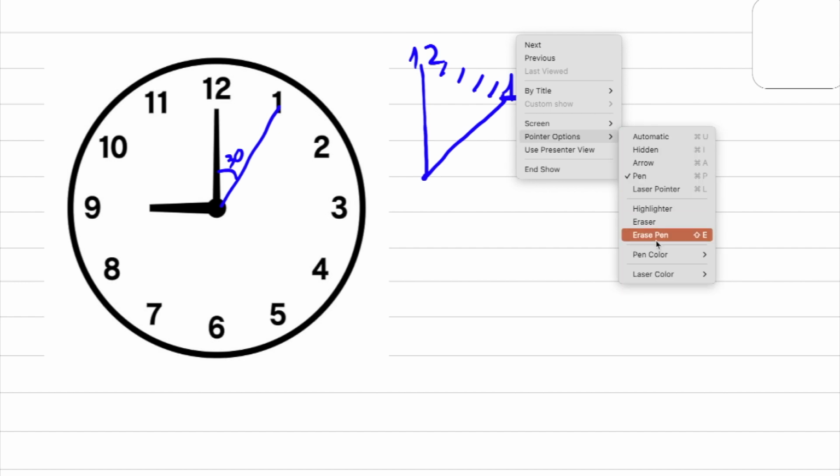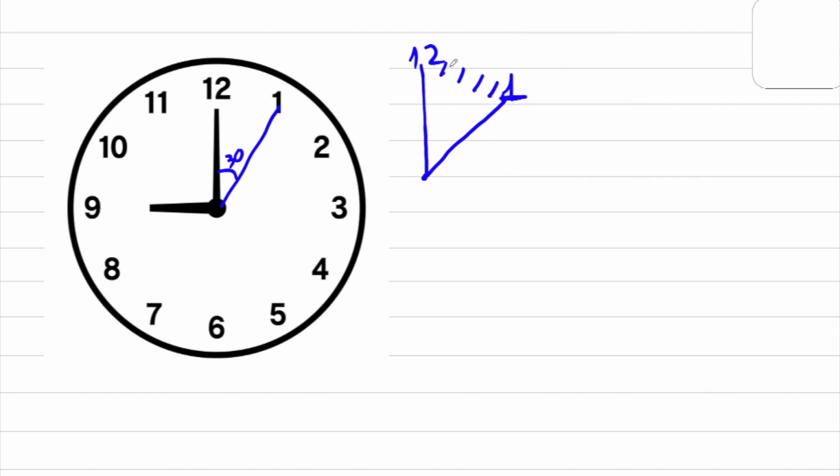Yes, let me count again for you more clearly: 1, 2, 3, 4, and 5. So 1 here means the hour, but when you want to calculate the minutes, you have to use these marks. So the total of this equals 30 degrees.